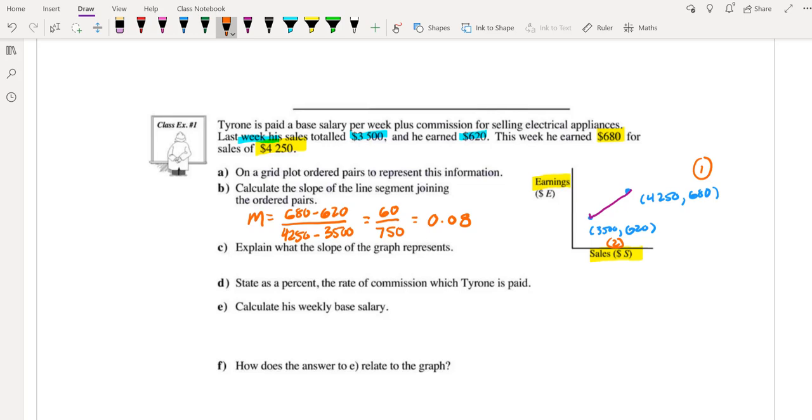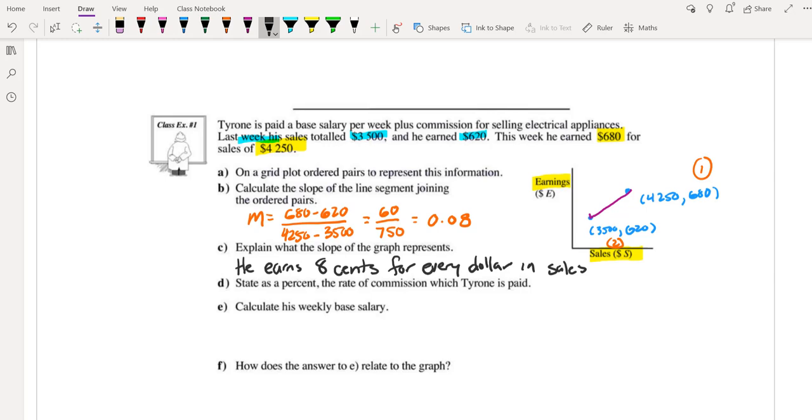So this slope is representing that he earns 8 cents for every dollar in sales. Right? It's his commission rate, right?